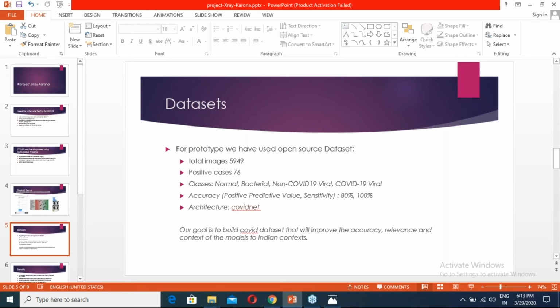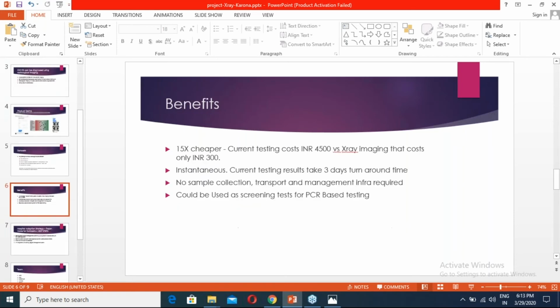The benefit of this is that it is 15 times cheaper than PCR based testing, which costs 4,500, versus X-ray imaging that costs only 300 rupees. It is instantaneous; you don't have to wait for a 3 day turnaround time.